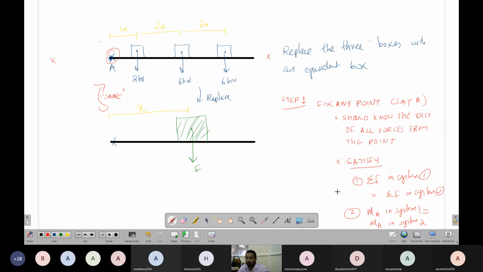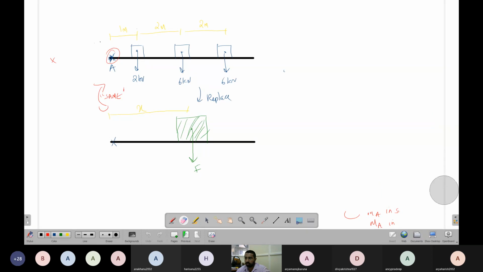This will be very abstract for you, so what I will do is solve this problem step by step. Just be patient. Now, what is the summation of all forces in this system?